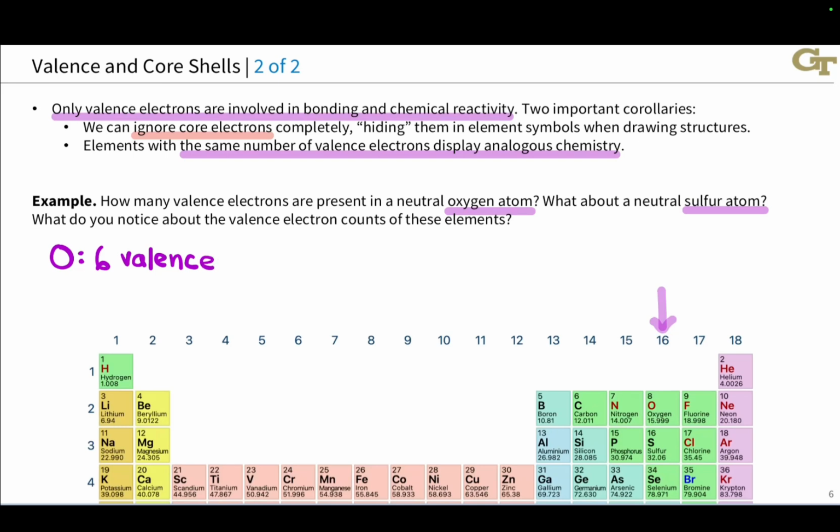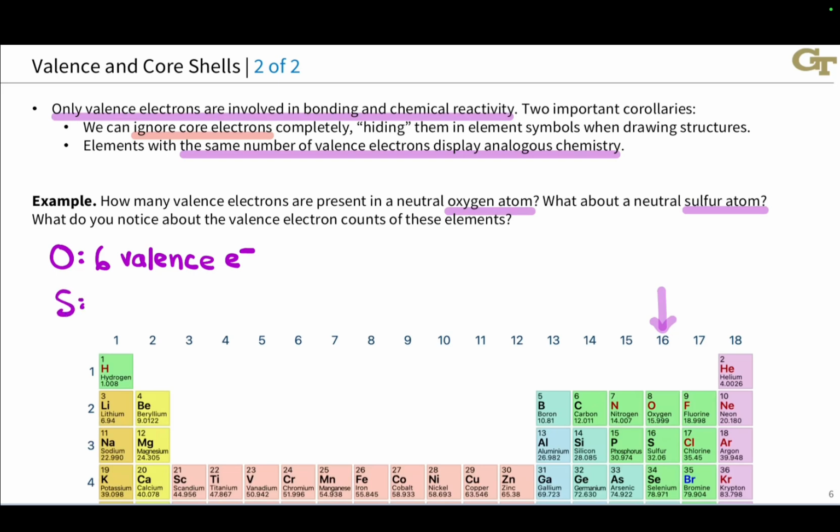Remember, we take the group number, and because it's on the right-hand side of the periodic table, to the right of the transition metals, we're going to subtract 10 from that group number. And sulfur, well, sulfur is just one step below oxygen here in group 16.